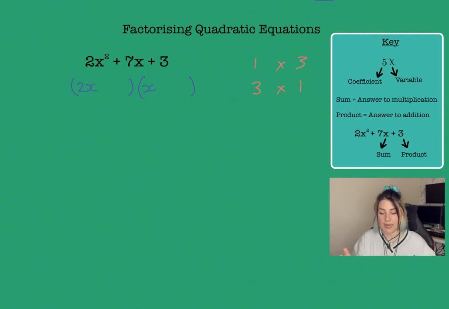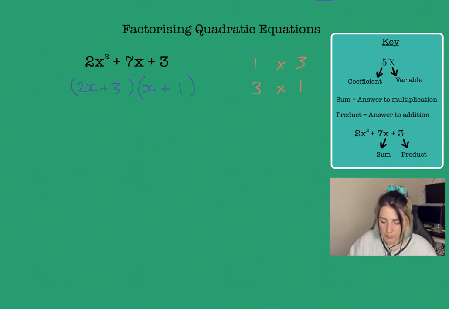So let's do the incorrect one first, just so you can see the impact that it has, and then we can rewind and go back and do the correct one. So I'm going to choose to start with, why not, +3 and +1. So I've put 2x plus 3 in my first bracket and x plus 1 in my second bracket.